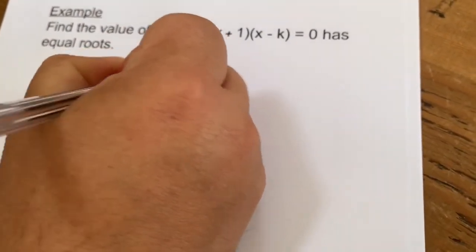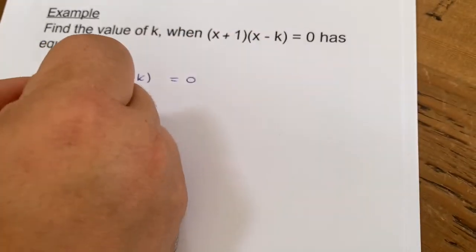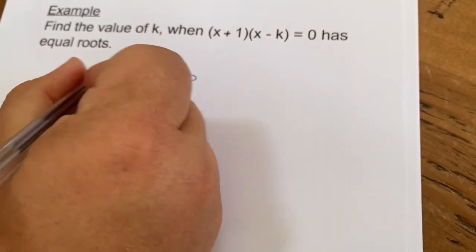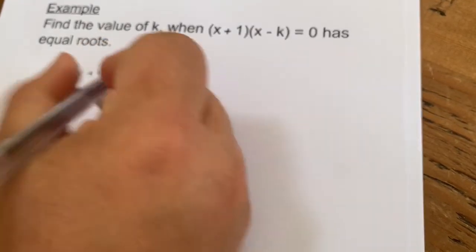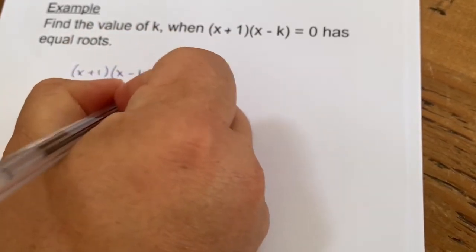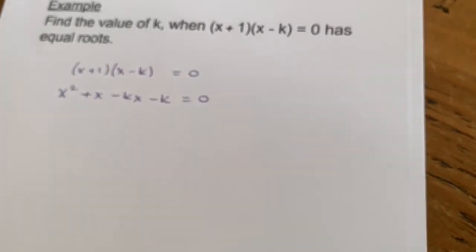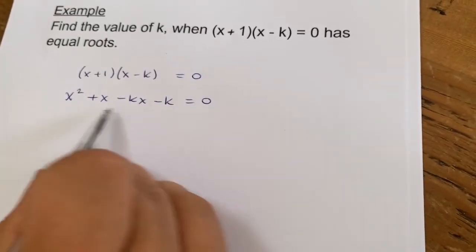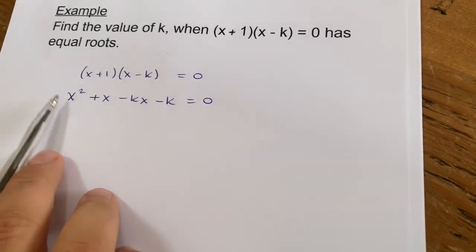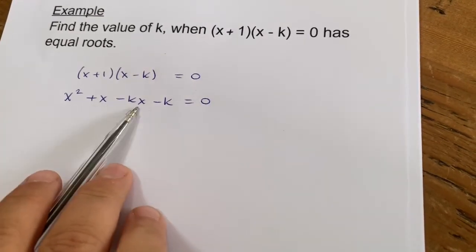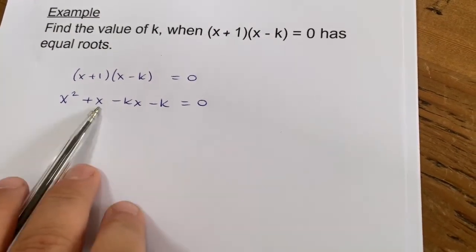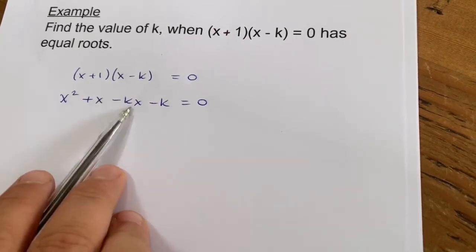So if I expand the bracket as I normally would, I would get x squared plus x minus kx minus k equals 0. And then it's almost there, but I want to lift the a, the b, and the c, but there are two x terms for the b. So I'm going to take a common factor of the x.